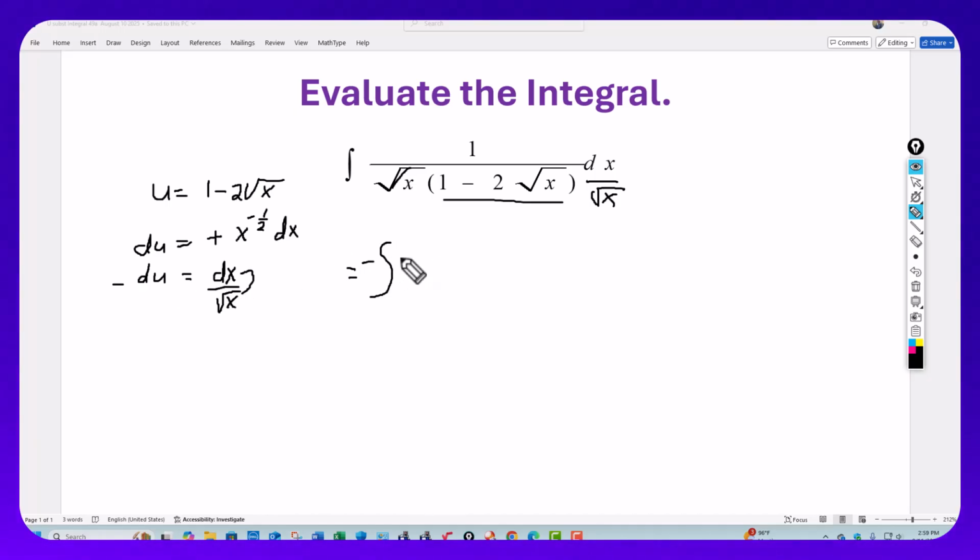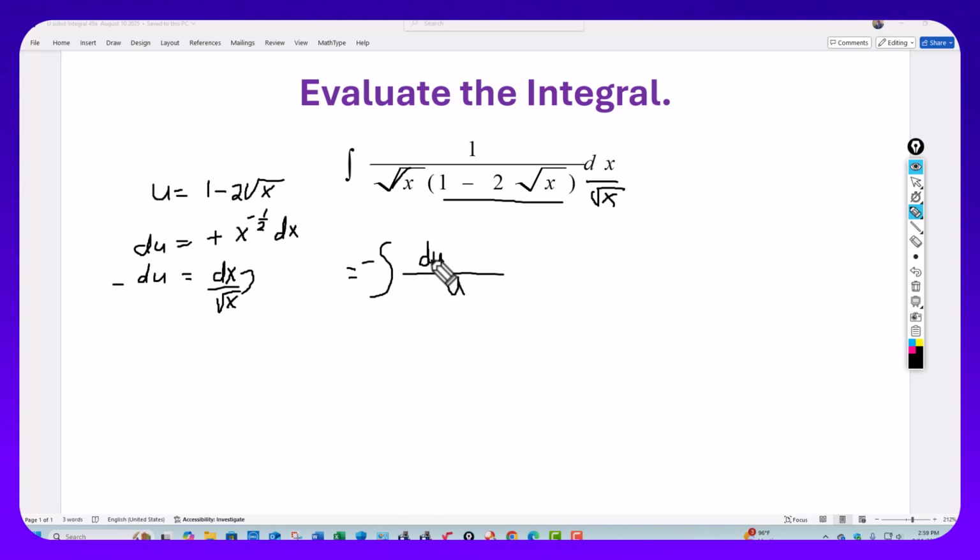I'll put the minus out in front here, and this will be du. And then this 1 minus 2 square root of x, that's your u. And this is what some people call a beautiful transformation from the variable x to u.